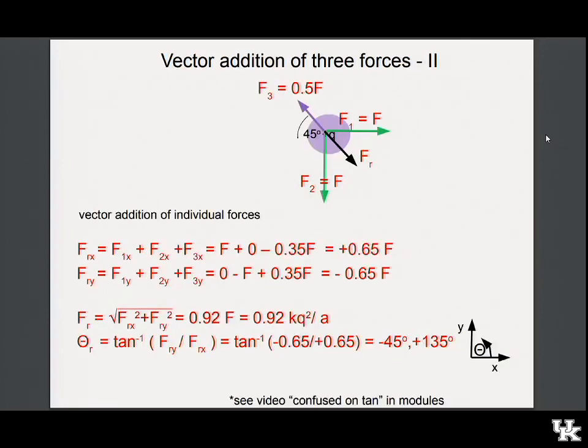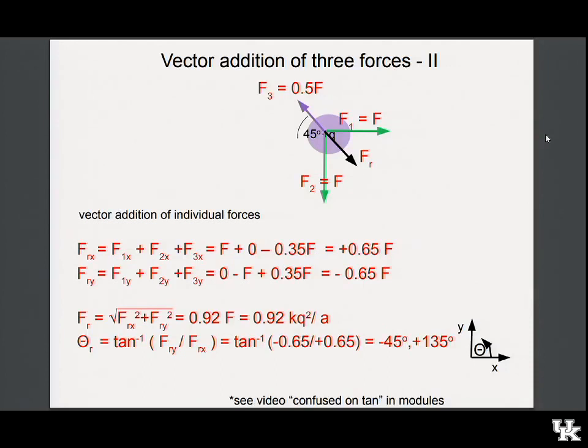Okay, last step. Now we've got to calculate the resulting force. It's a little hard to see. This is FRX, the resulting force's x component. This is FRY, the resulting force's y component. To get those is now simple. We can just add the numbers that correspond to the x components of the individual forces, and the numbers that correspond to the y components.